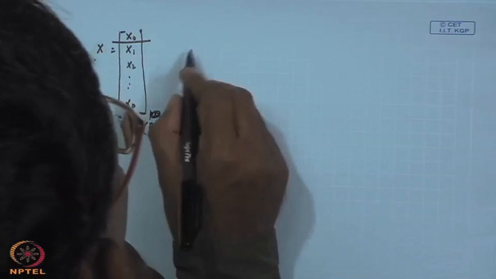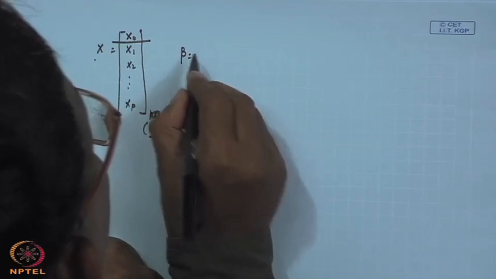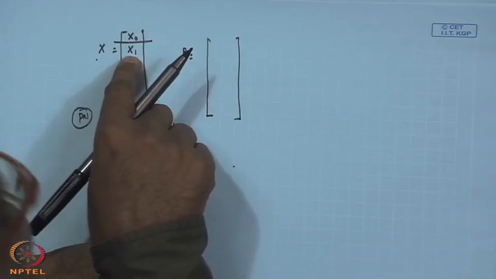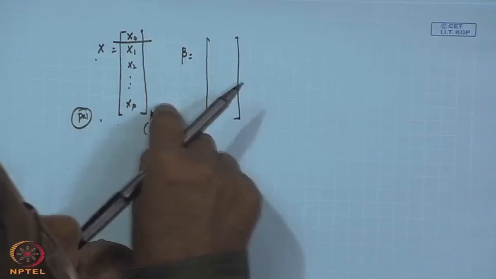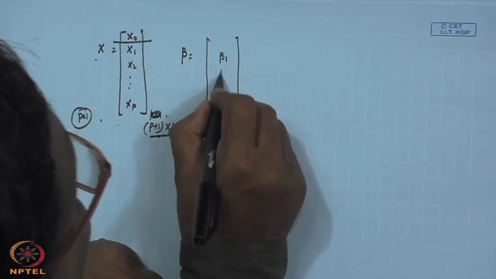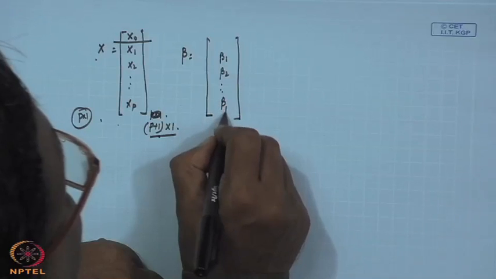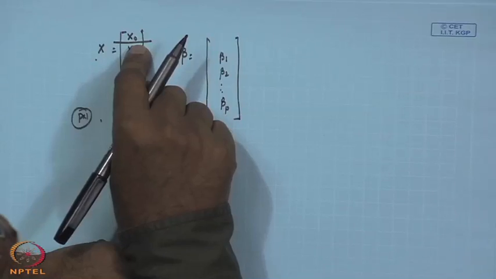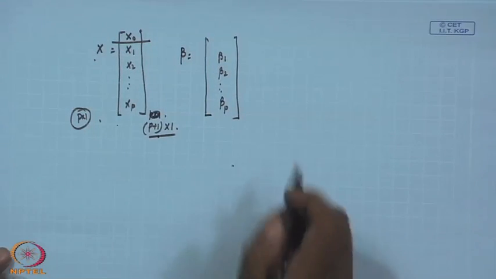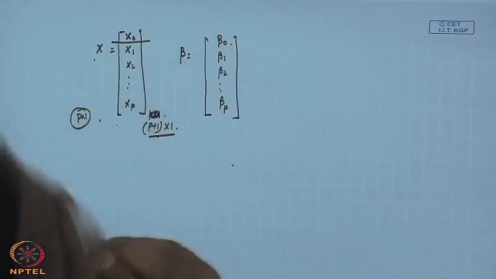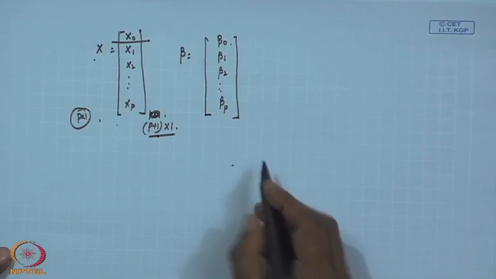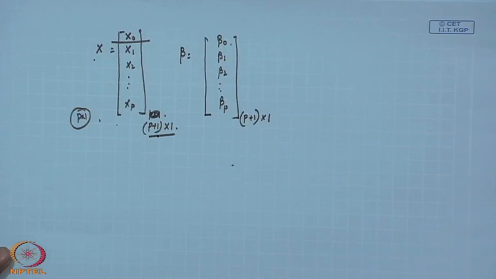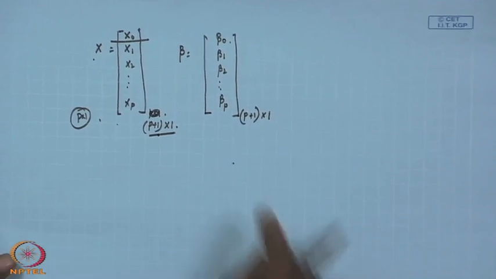Under this situation, what will be the beta? There will be influence for each of the variables, so I can write beta 1, beta 2 dot dot dot beta p, which is p cross 1. But there is one intercept parameter related to x 0, that is beta 0. So, you require to estimate p plus 1 regression coefficients here.